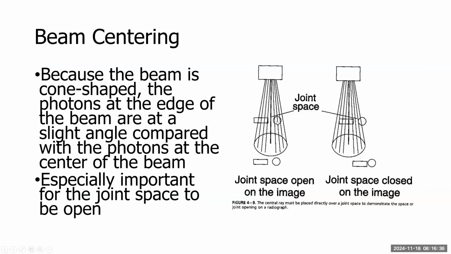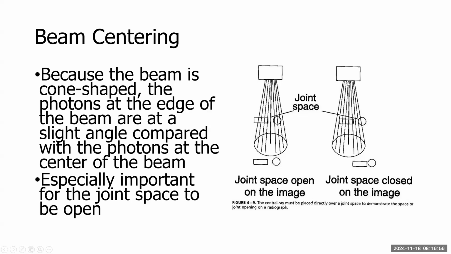Okay, so let's say that these are two body parts here, and this is the joint space between them. When the central ray is entering right through the joint space, that will image well, and you will be able to see that joint space. You'll be able to see through those parts.